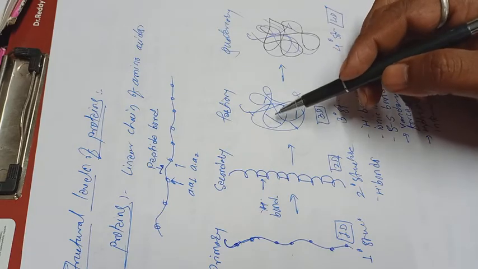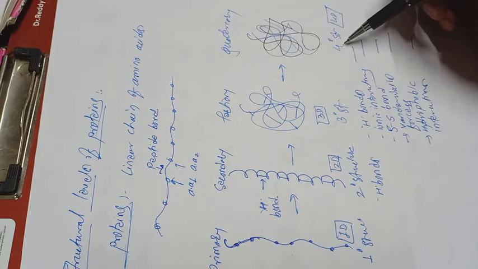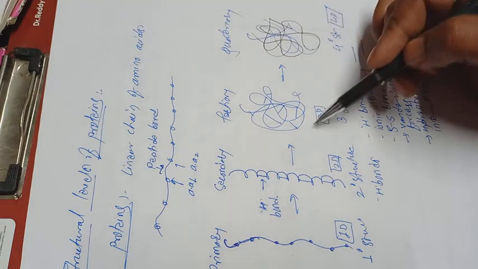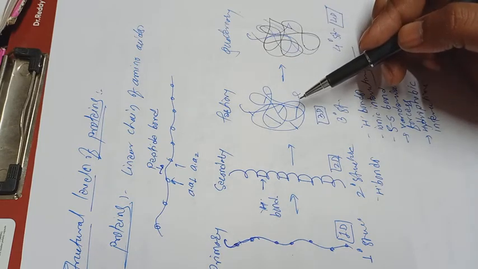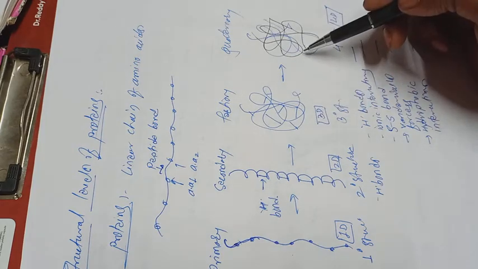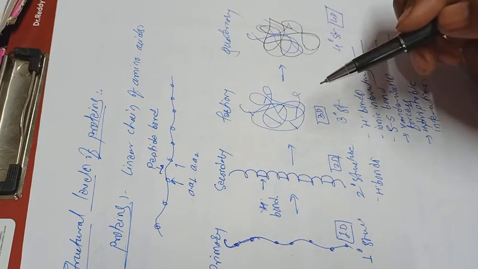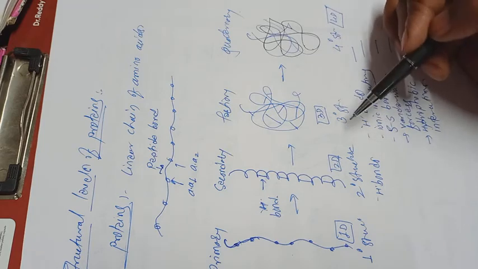It is known as the tertiary, or 3D, structure of protein. Next is the quaternary structure, also known as the 4D structure. The fundamental difference between the tertiary and quaternary structures is that in the tertiary structure only a single polypeptide chain is folded in a compact manner.